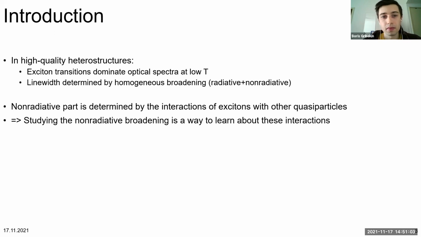This homogeneous broadening is composed of two parts, the radiative part and the non-radiative part. The radiative part is due to the fact that excitons have a finite lifetime in any sort of heterostructure, and the non-radiative part is due to the fact that excitons may experience interactions with other quasiparticles or maybe defects in the structure while they exist before they recombine.